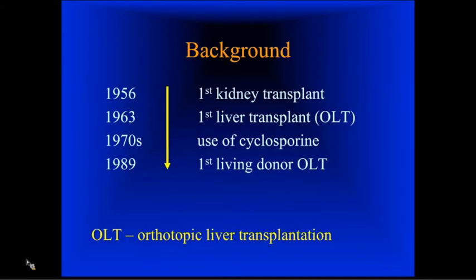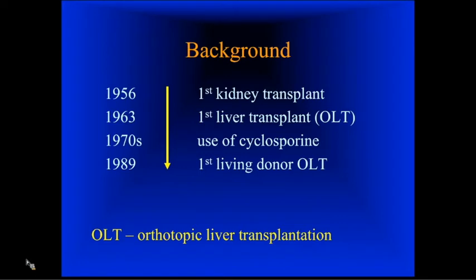So you have heard something similar in a lecture earlier this past summer regarding how liver transplantation came about with the success of kidney transplantation, and then there were always attempts to do liver transplantations in fits, but it didn't really take until the 1970s when cyclosporin was discovered and utilized.